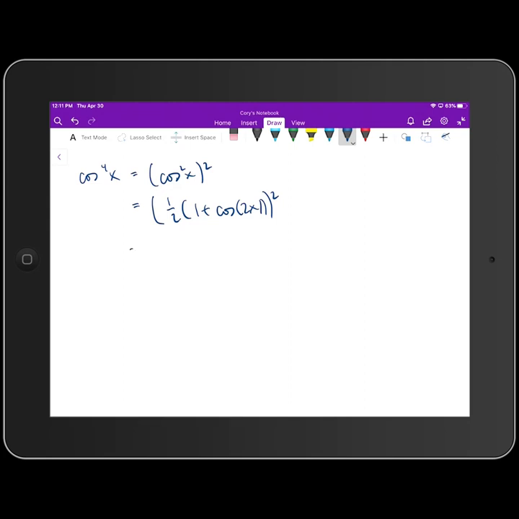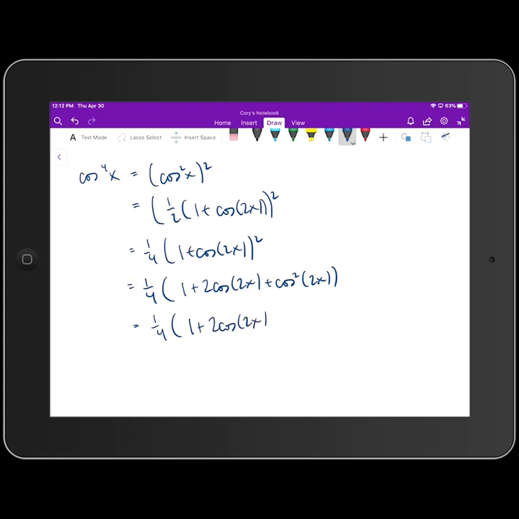So 1/2 squared again is 1/4 times 1 plus the cosine of 2x, quantity squared, and we're going to FOIL that expression out. When I FOIL 1 plus the cosine of 2x squared, we get 1 plus 2 times the cosine of 2x plus the cosine squared of 2x.